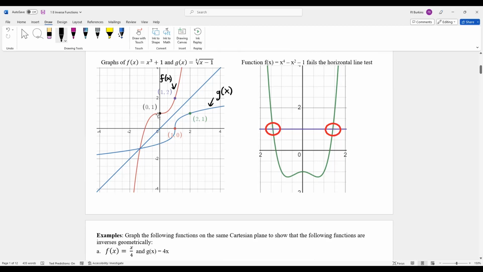The point 0, 1 falls on f of x. Inversely, the point 1, 0 falls on g of x. And then also we have the point 1, 2, and on g of x, it's 2, 1. So you'll notice that those points are inverted.